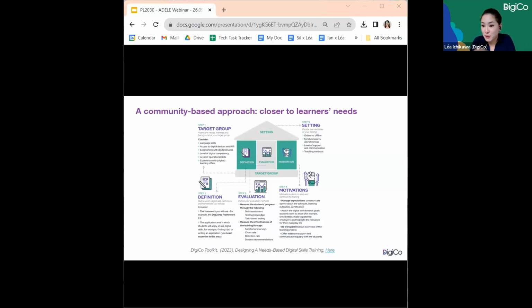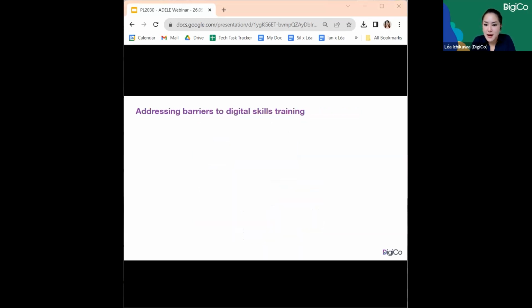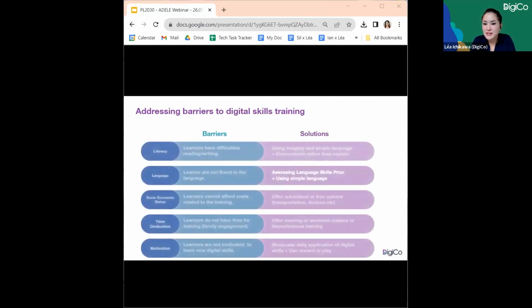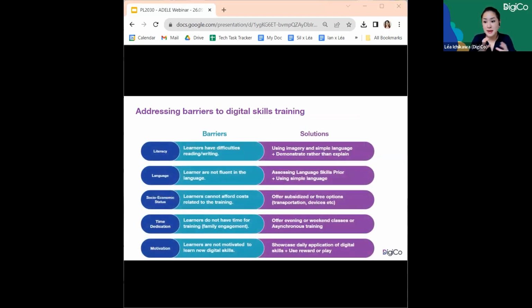Now, I want to move into a more specific, concrete application. I will show you. When we talk about barriers and solutions, barriers is basically what it is that your target group have difficulty with in order to access training, in order to gain more digital skills. So I put some examples there.